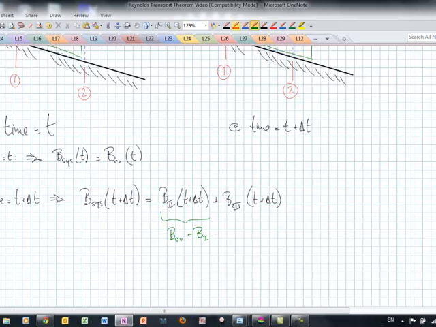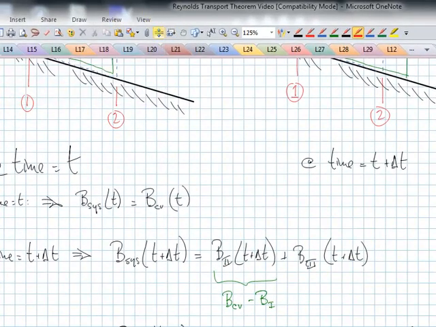All right, so we can then express the property in the system at t plus delta t as B of the CV at t plus delta t minus B1 at t plus delta t plus B3 at t plus delta t. All right, so this is B of the system at t plus delta t. I'm going to go ahead and call that equation 1. Great.